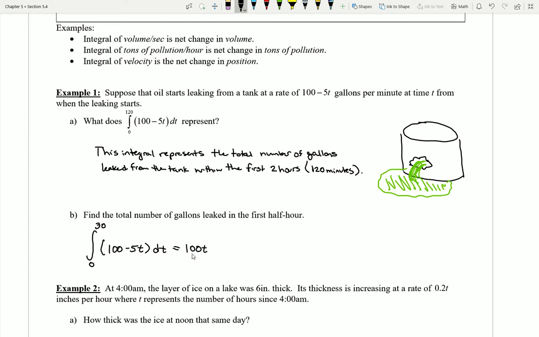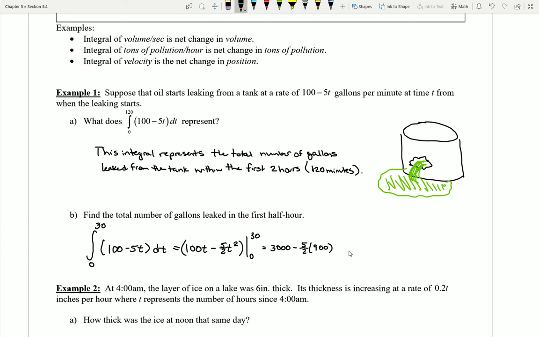So my antiderivative here should be 100t minus 5 halves t squared. And then I'm just going to evaluate this from 0 to 30. If I plug in 30 here, it's going to be 3,000 minus 5 halves times 30 squared, that's 900.